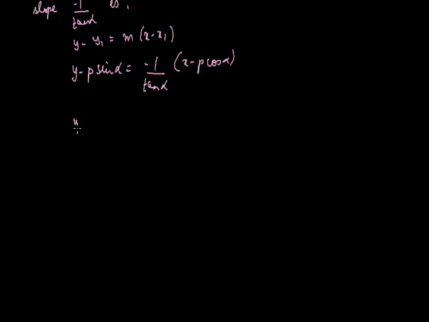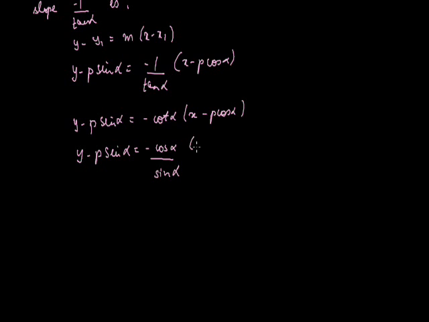I can further write this as y minus p sin alpha is equal to minus cot alpha of x minus p cos alpha. I can write it as minus cos alpha upon sin alpha of x minus p cos alpha.